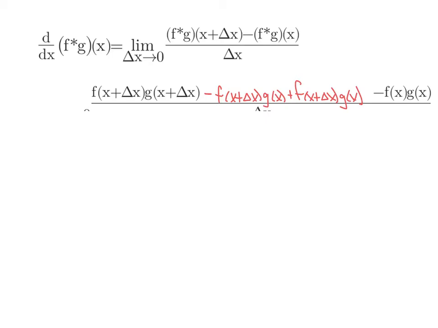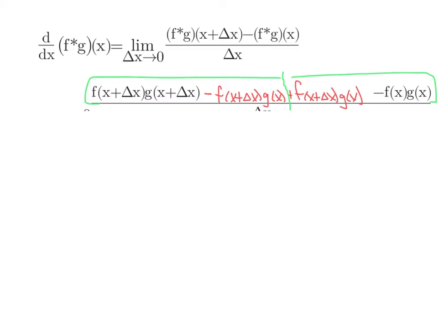What I'm going to do is break this fraction up into two pieces. On the front piece, I notice that my numerator has this common factor of f of x plus delta x. And on the second piece, there's a common factor of g of x. So for each of these two fractions, I'm going to factor out those common factors.